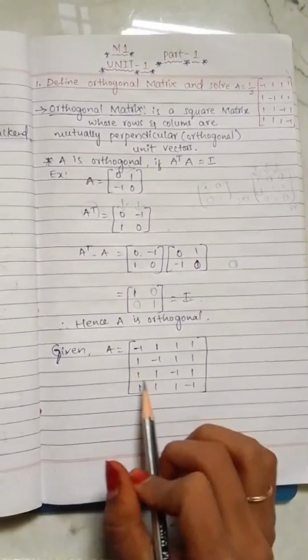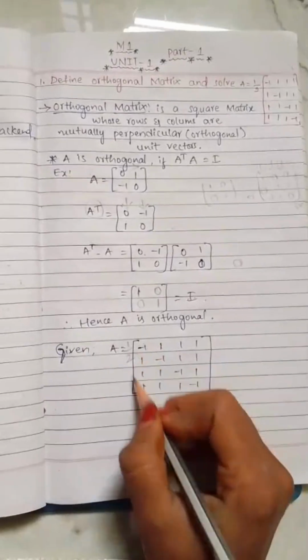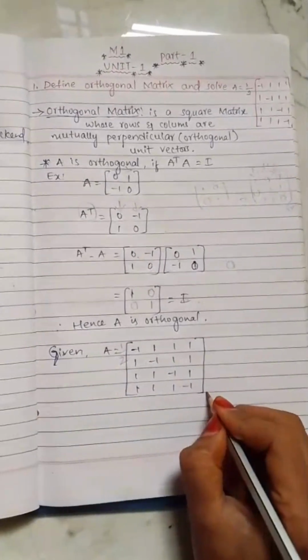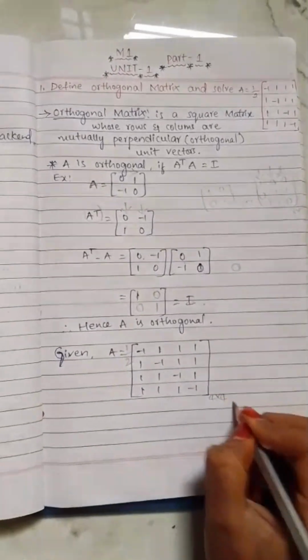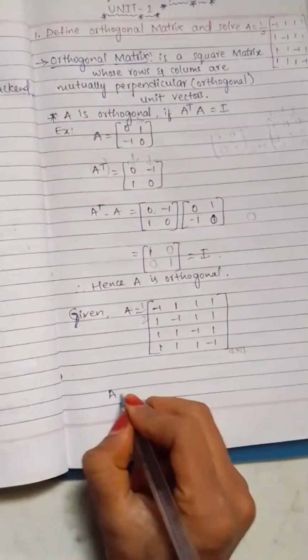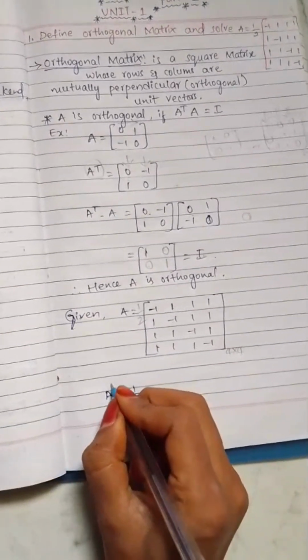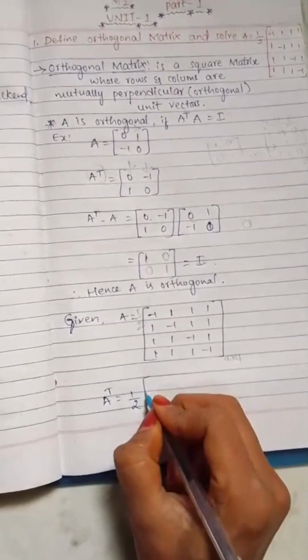They have given one matrix: A is equal to 1 by 2 into this matrix. This is a 4 into 4 matrix. Let us solve this. Let us take the A transpose here.